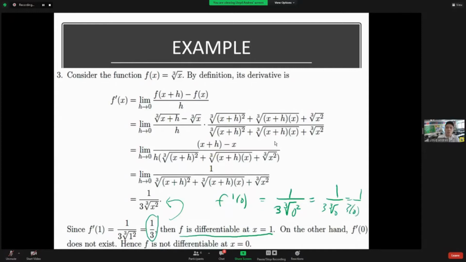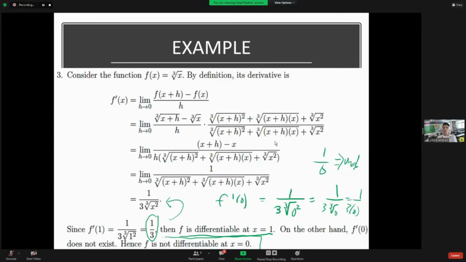So 3 times 0 is also 0, so that's 1 over 0, and 1 over 0 is undefined. Since we got undefined, we can conclude that f is not differentiable at x equals 0. It is differentiable at 1 but not at 0.